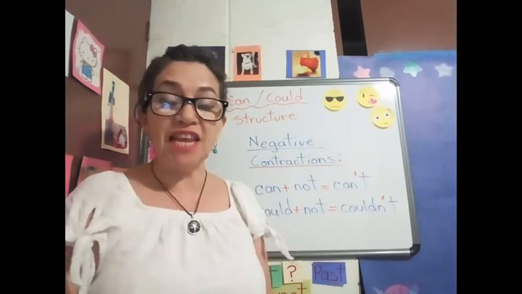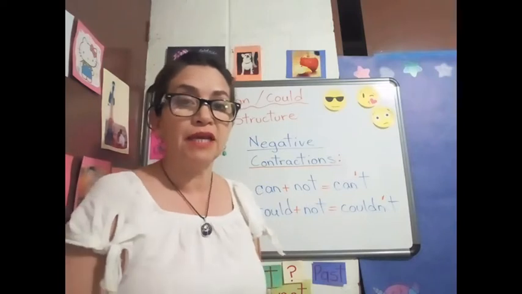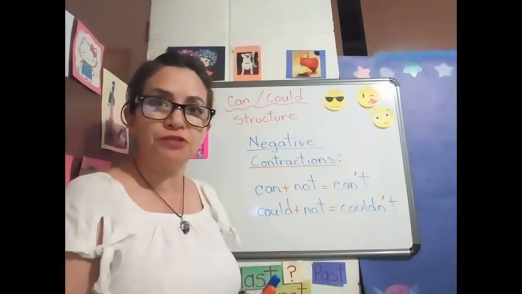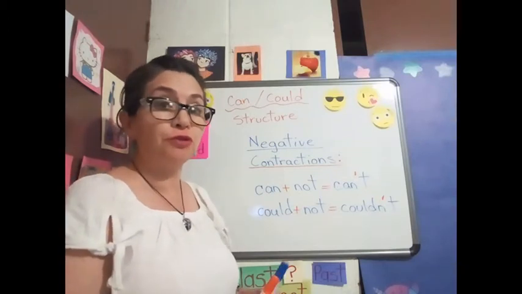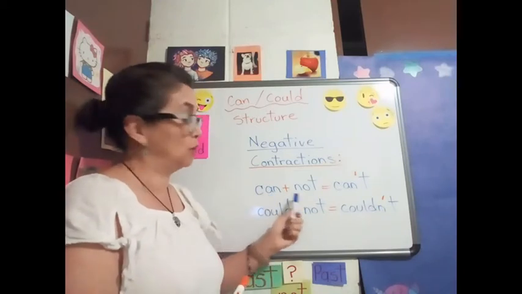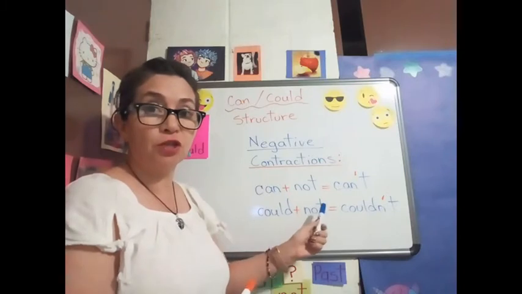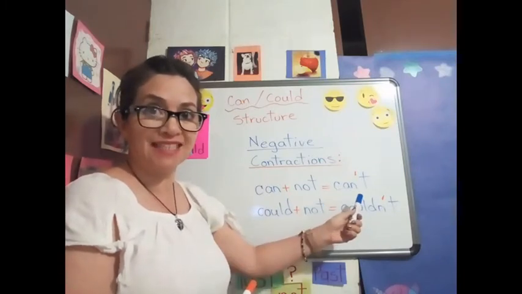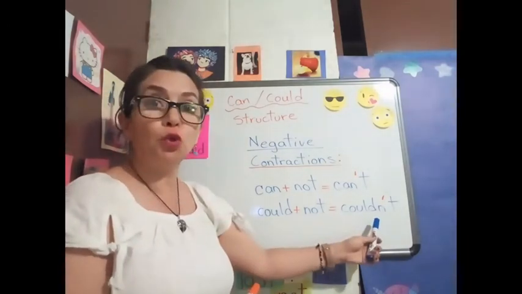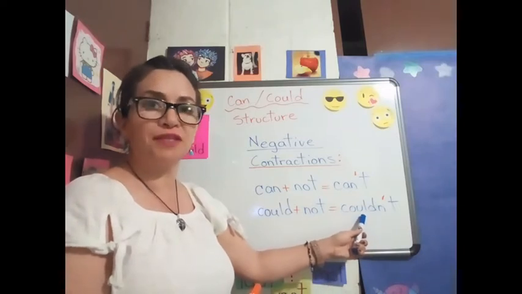Let's see now the negative form. But before that, you have to know that people usually speak or write with contractions in English. The contraction for can is like this. Can plus not is can't. Could not, contraction, couldn't.